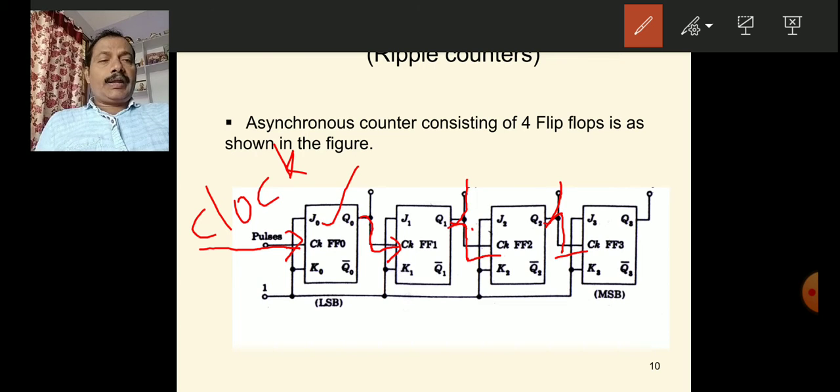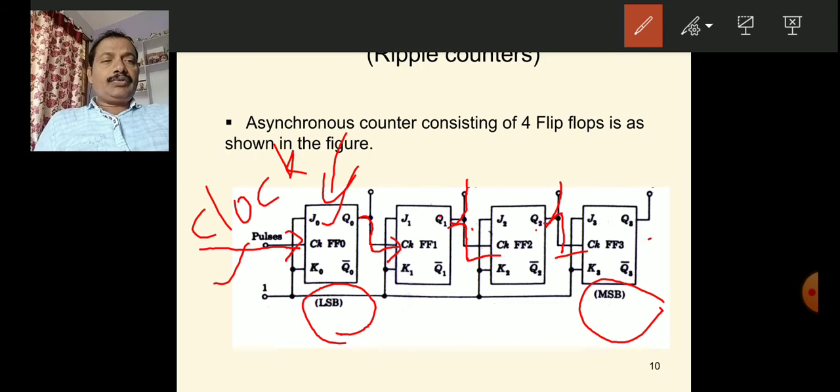So you have to connect. That means the main clock input is applied to only the first flip-flop. All other flip-flops take the previous flip-flop's output as their clock signals. Always remember the first flip-flop FF0 is the LSB and FF3 will be the MSB.